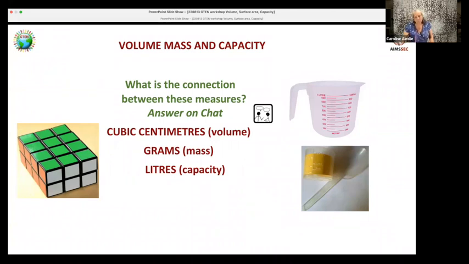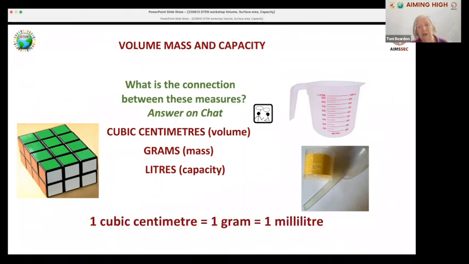So Caroline's demonstrated this tiny little 1 cubic centimeter, and that is exactly for that particular substance the same as 1 gram, and the liters are measuring capacity, but this is the connection that we're looking at. The 1 cubic centimeter is 1 gram is 1 milliliter, and Caroline was showing it with 5 cubic centimeters and 5 milliliters.